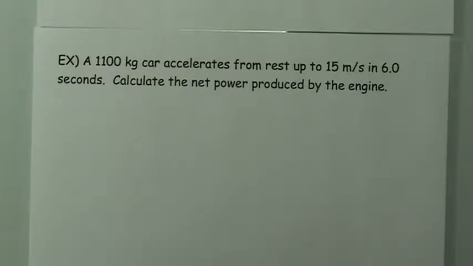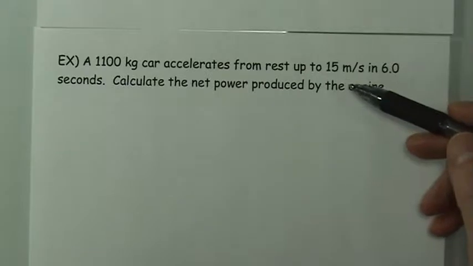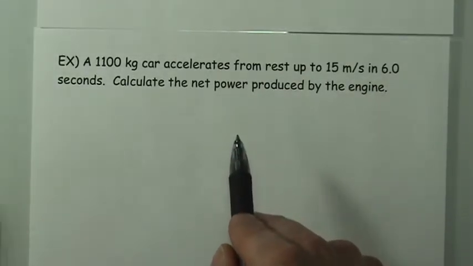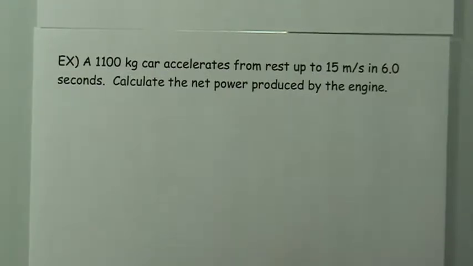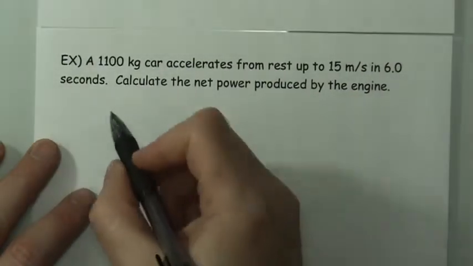And those require the engine to produce more power than is actually getting produced or getting the finished product in terms of the kinetic energy. And so all we can really do with the information that we have right now, since I don't know anything about those frictional forces or drag forces or any of the resistive forces, is all I can really tell you is, in the end, how much power did we produce as a result of the kinetic energy that the car received.